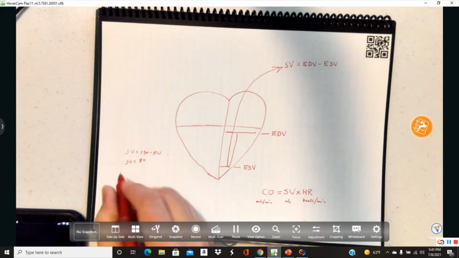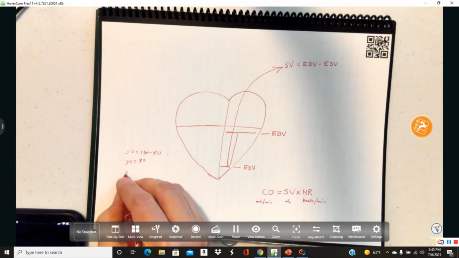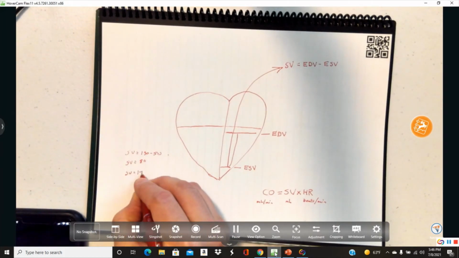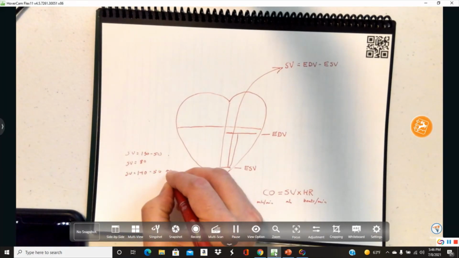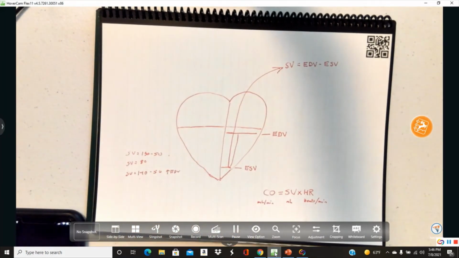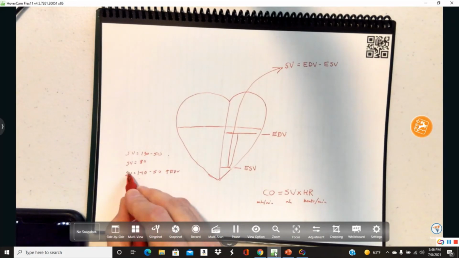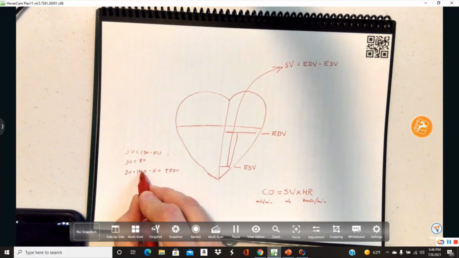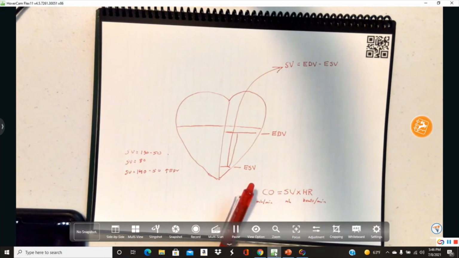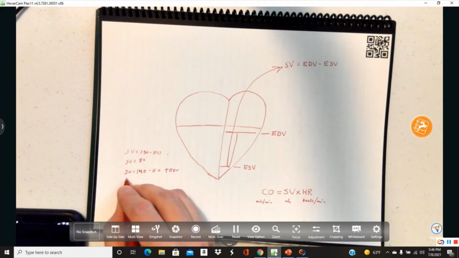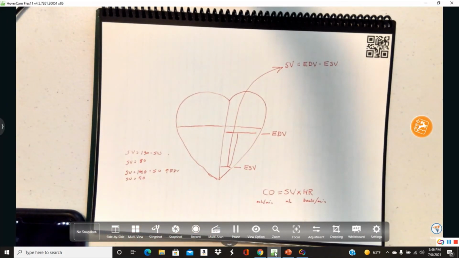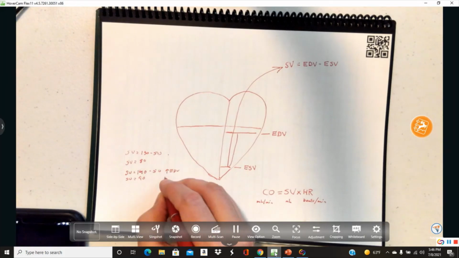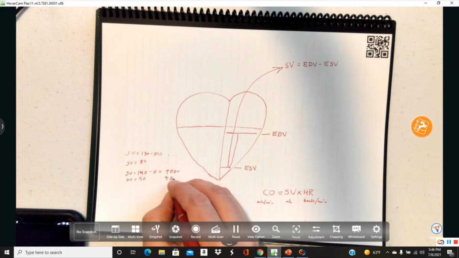Let's look at stroke volume equal to 140 minus 50. So what have we done here? I've increased the EDV. Let's say the EDV went up to 140. Now I've got 140 minus 50, and you're looking at SV equals 90 milliliters. So when EDV went up, this caused stroke volume to go up.